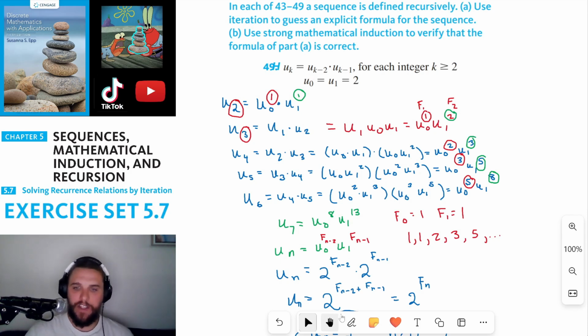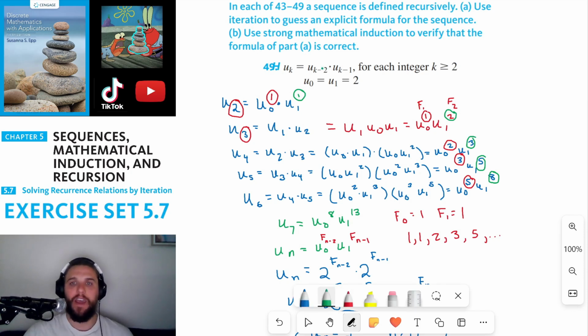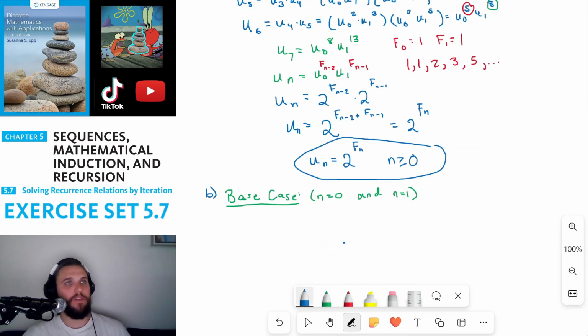Now, in previous videos, I mentioned that in strong mathematical induction, the number of base cases is usually the gap between the smallest index and the largest index in the recursive definition. In this case, that gap is 2. And on top of that, we're given two initial values. With this information, we should prove two base cases so that we can utilize the inductive step appropriately.